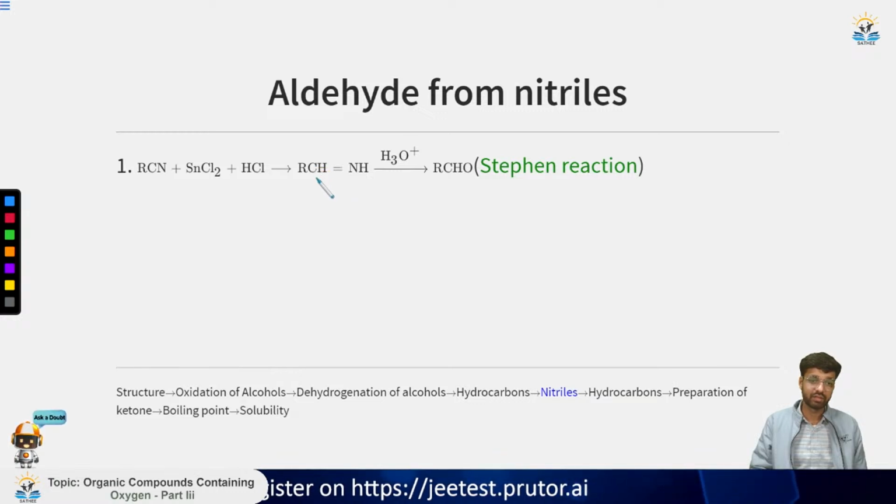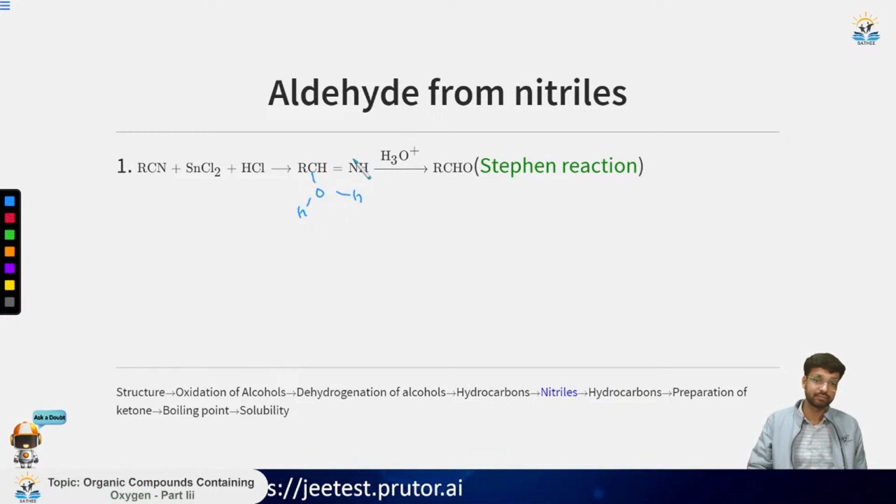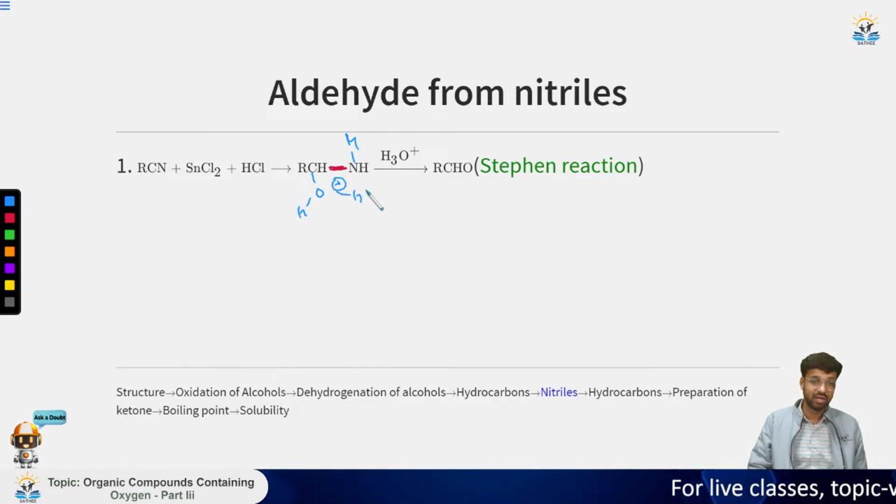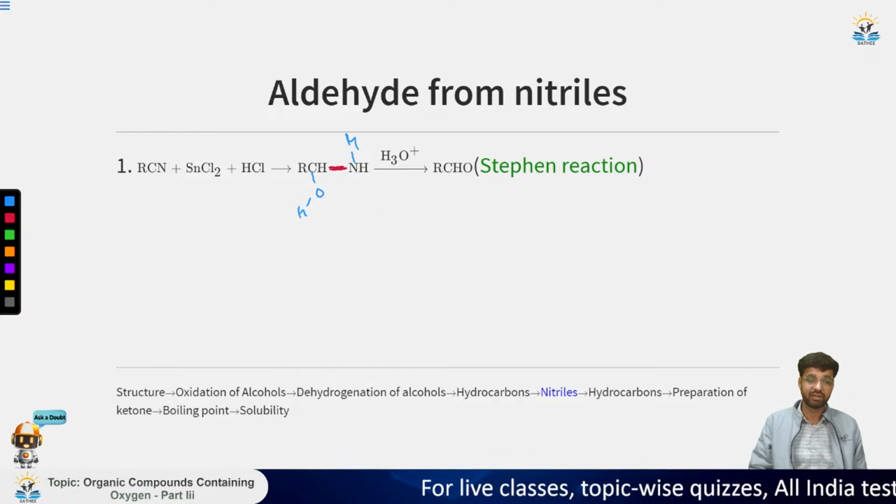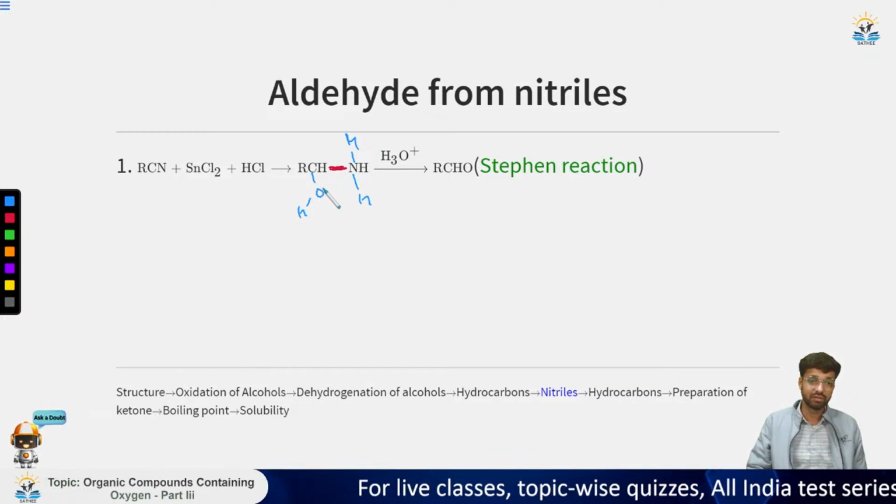Now since we are having this kind of structure, here a single bond instead of double. Since it is having a positive charge, and we know that nitrogen is more electronegative, this nitrogen will take up this hydrogen from here. It is the intramolecular proton transfer.